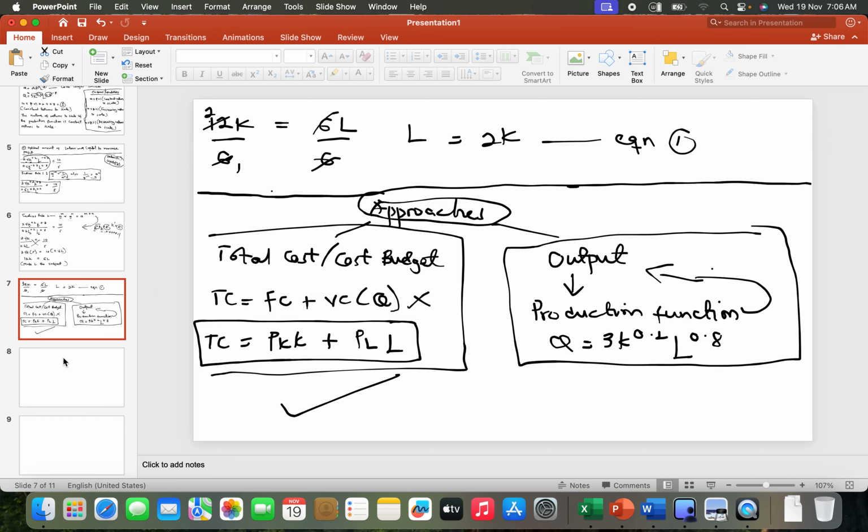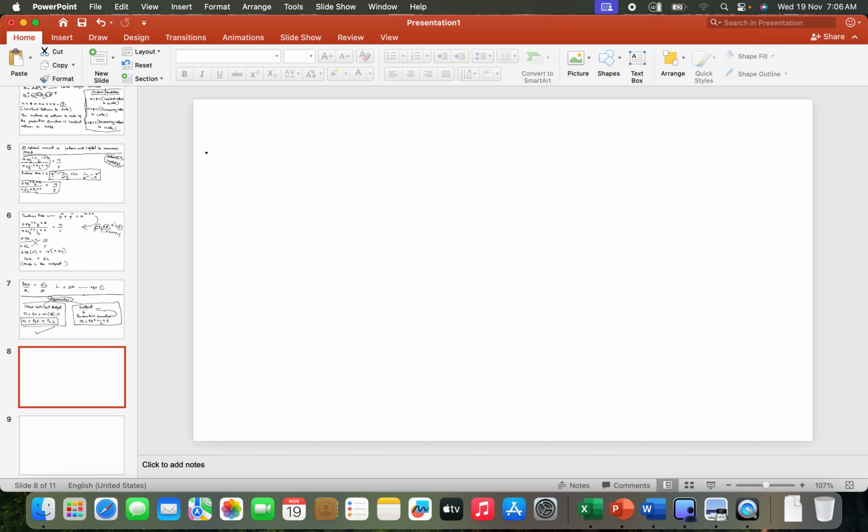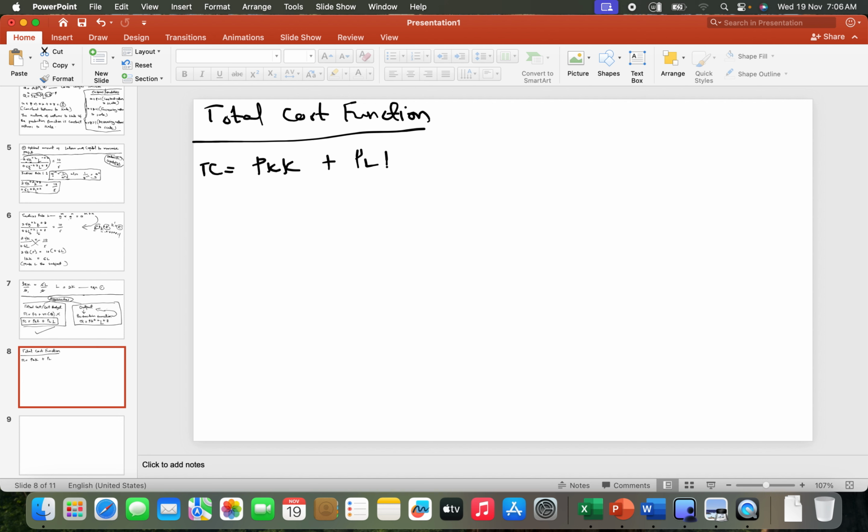So I move to the next page. So this is the total cost function. Total cost is equal to price of capital times capital plus price of labor times labor. In the question, we were given price of capital, which is the same as rent.